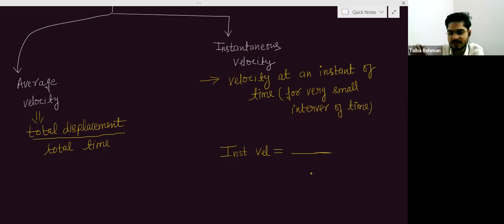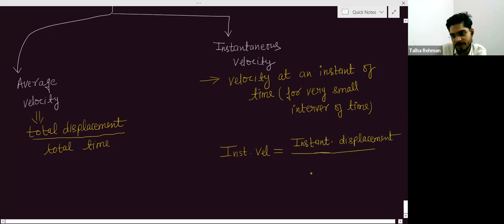There are different ways to write this, so I will write it as the instantaneous displacement divided by the instantaneous time interval.